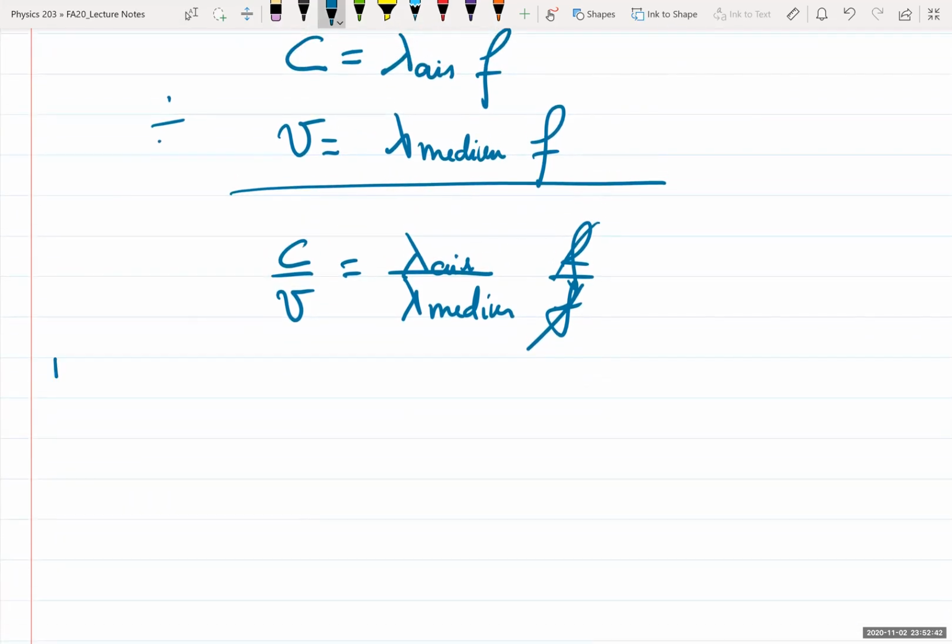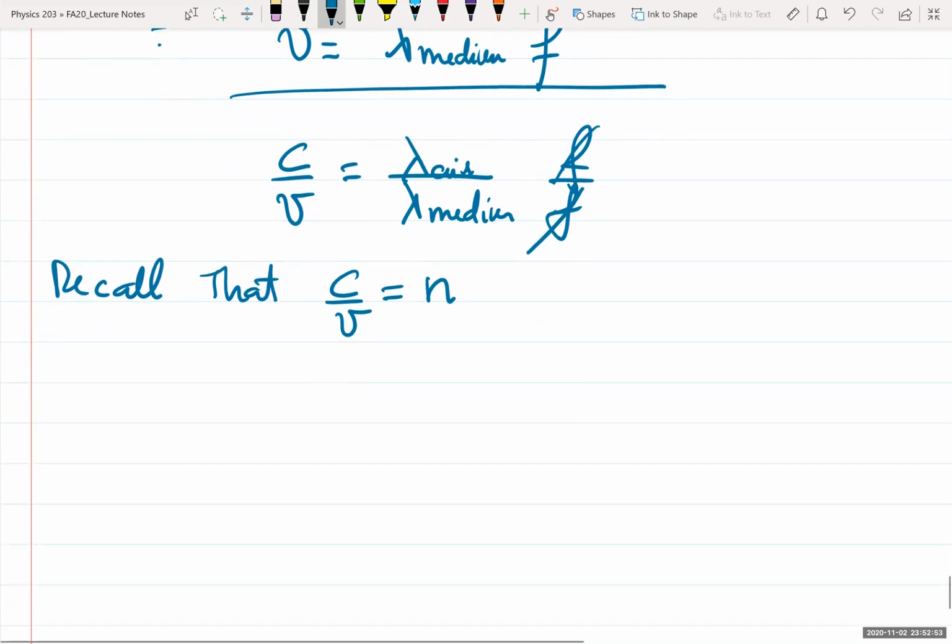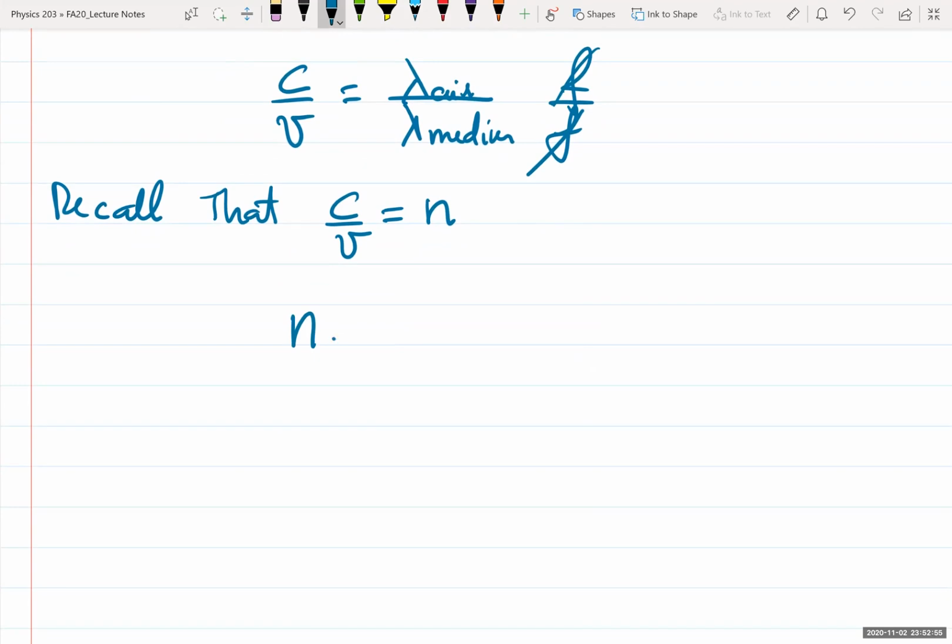Now recall that c over v is equal to the index of refraction n. So n is equal to the wavelength in air over the wavelength in the medium.